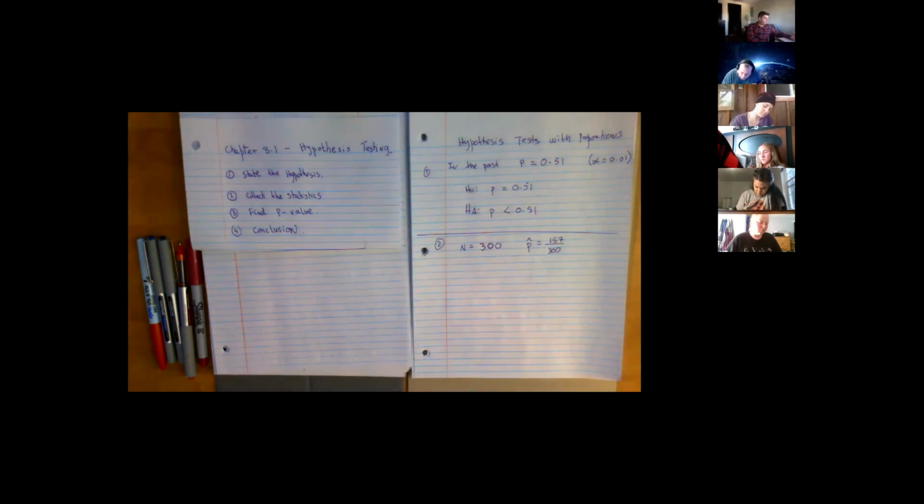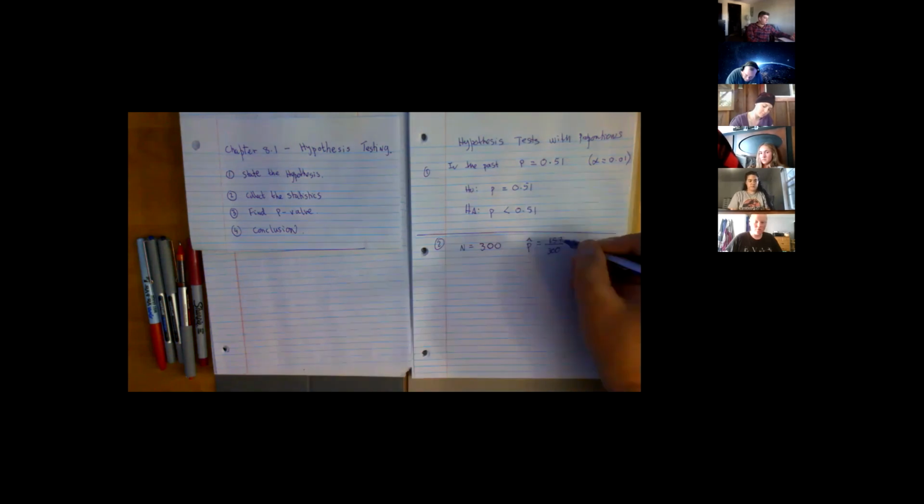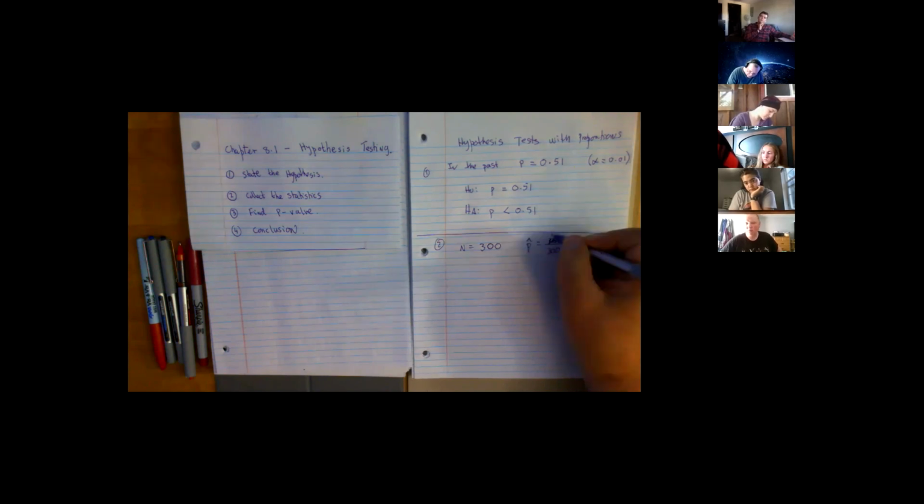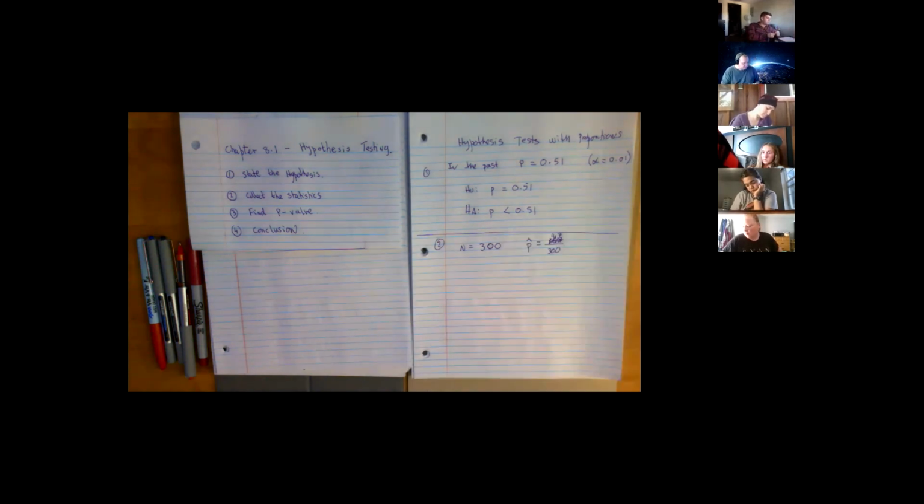Oops, I don't want 157. I want the other side, because that would be definitely bad evidence. So 150. So 147. How about that? That's better. So let's see what he got. 147 divided by 300. And he found out that, oh, that's a nice number, actually. I didn't realize it was going to be so bright. 49%.